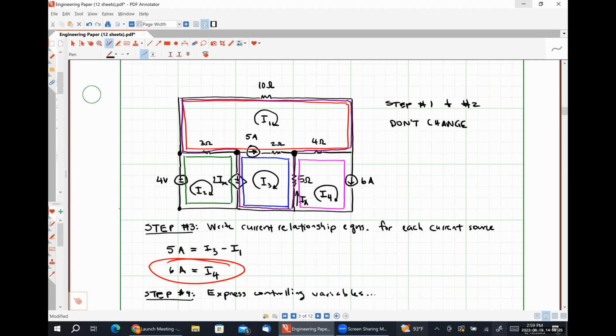How many nodes were there? Well, there's a node here, let me circle them. This is one node, this is a node, this is a node, this is a node, this is a node, and this down here at the bottom is a node. So that looks like 6 nodes.